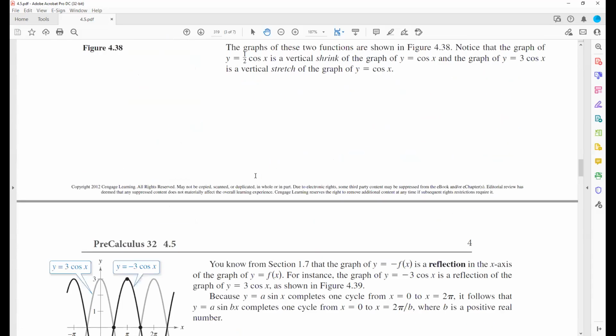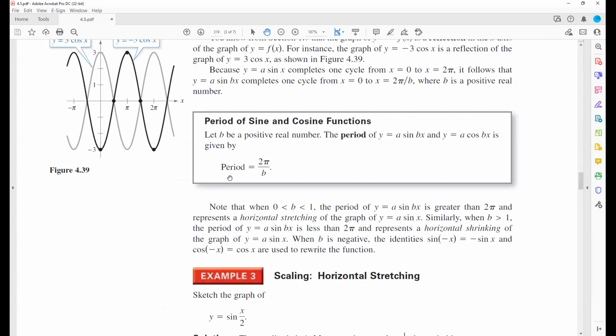Very well. So when we have y equals a times sine of bx, or y equals a times cosine of bx, the period is going to be 2 pi divided by b. So the number that is multiplied by x, which is b, is going to be in the denominator.